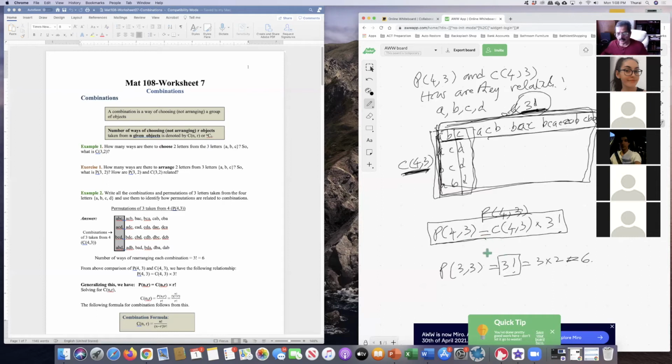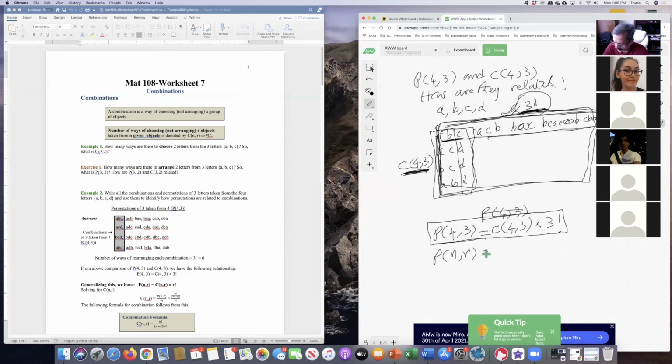So I'm going to generalize that to get our formula. All right, let me use the other eraser. Okay, so that means P(n,r), instead of 4 and 3, I'm going to generalize it. So use n, r.